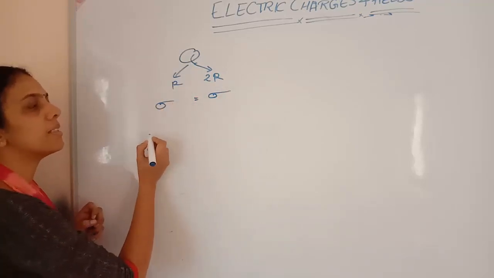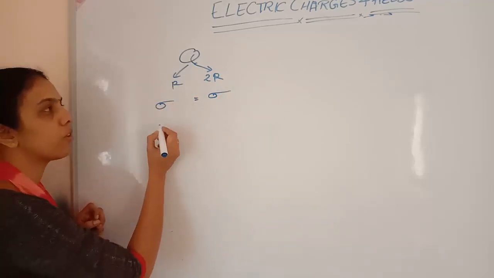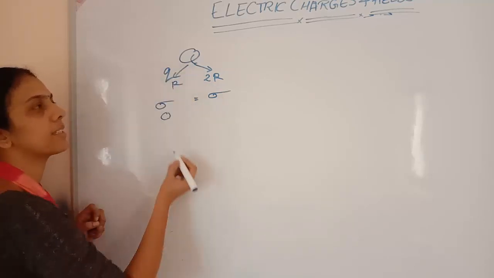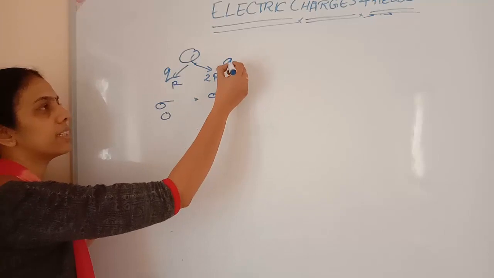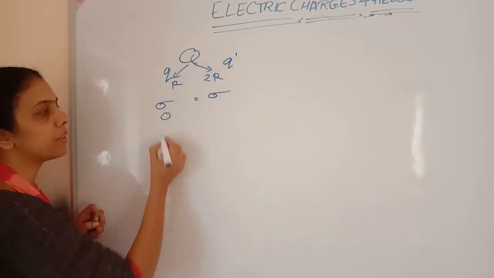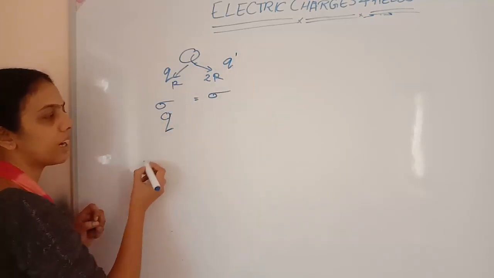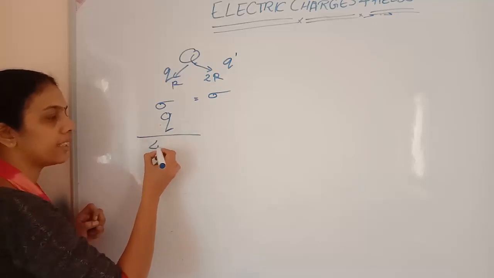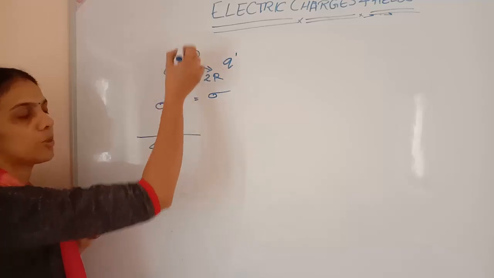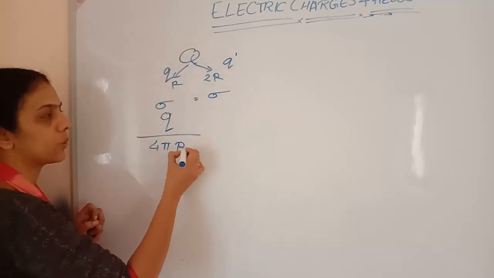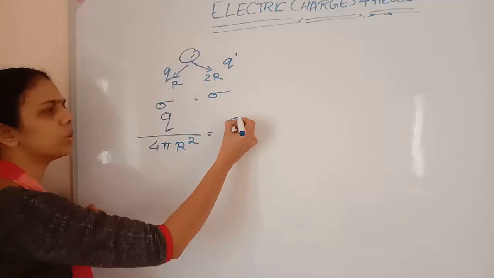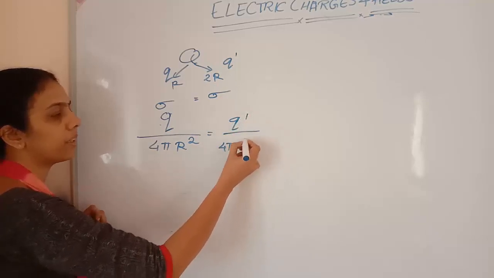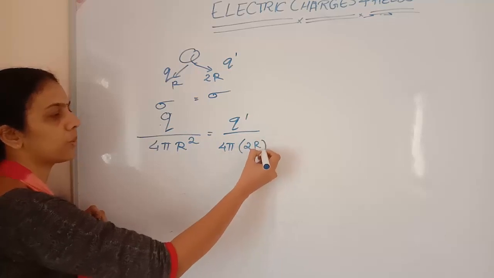Sigma, surface charge density, what is the formula? Q by A. Here one sphere gets charge q and the other gets charge q dash. If q is the charge over there, q by surface area, what is the surface area of a sphere? 4 pi r square. That is equal to q dash divided by 4 pi into 2r the whole square.